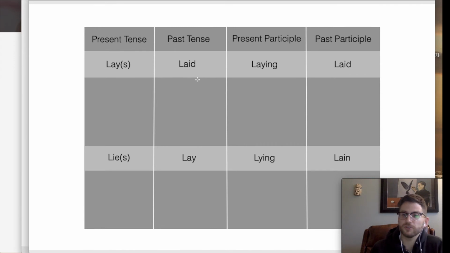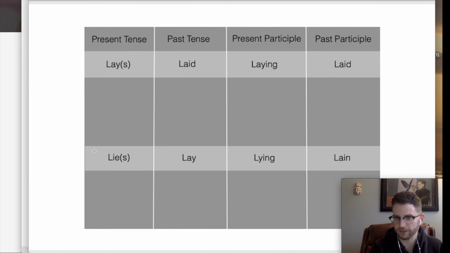Now, what about the verb to lie? Now, this is where it gets confusing, and this is why I told you I think these verbs are confused for exactly this reason, and you'll see immediately. Okay. So to lie, the intransitive verb to lie in the present tense is lies. One person lies, two people lie. Okay. So present tense, he lies down on the floor.